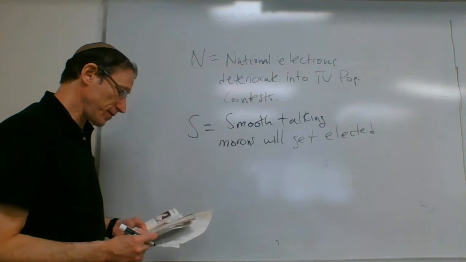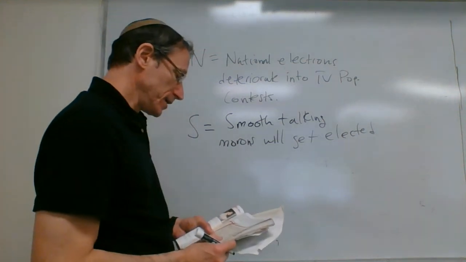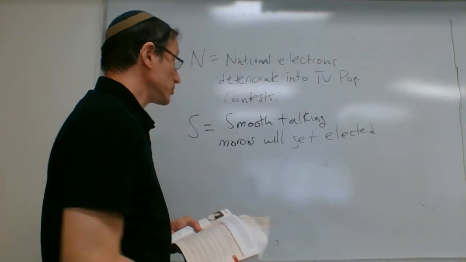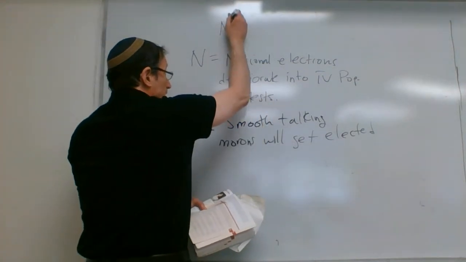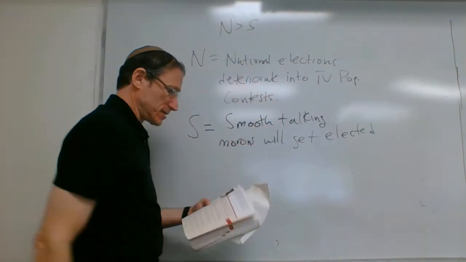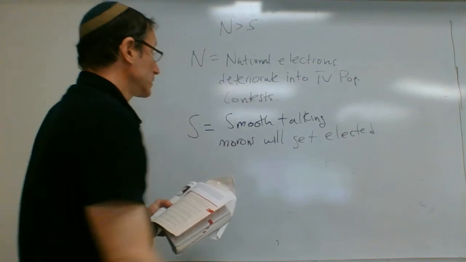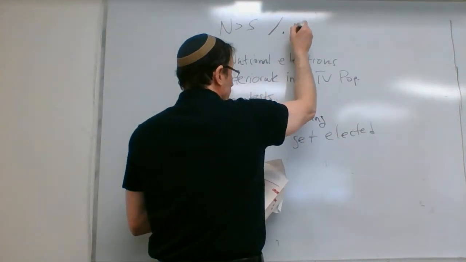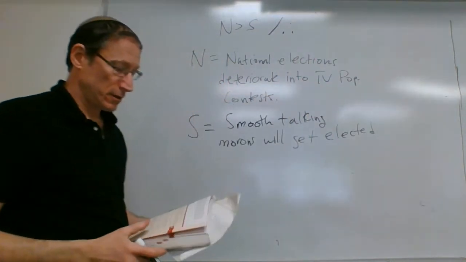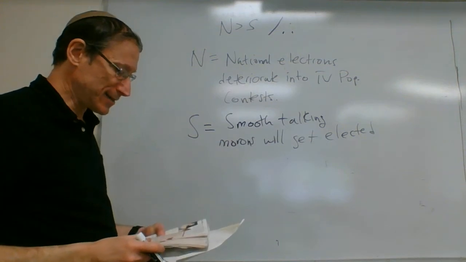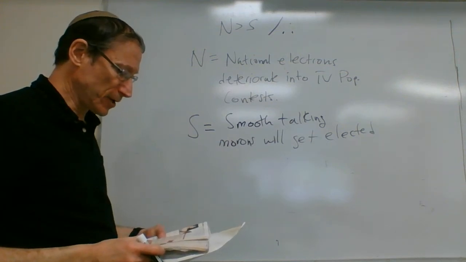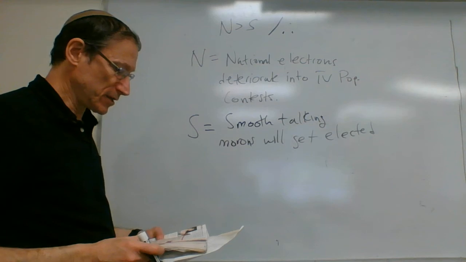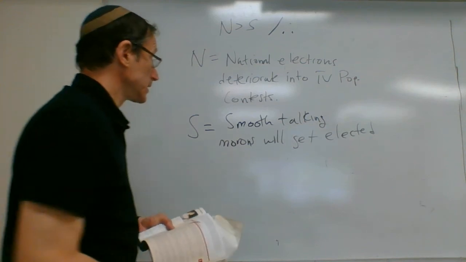So what we have here, there's really just one premise. It's N horseshoe S. If N, then S. That's the premise. And then the conclusion is, therefore, if national elections do not deteriorate into TV popularity contests, then smooth-talking morons will not get elected.